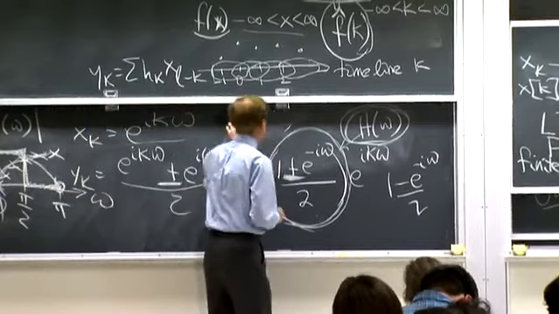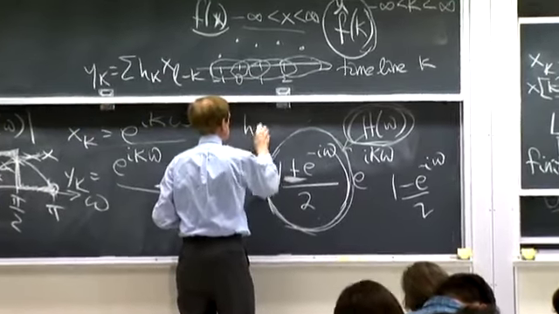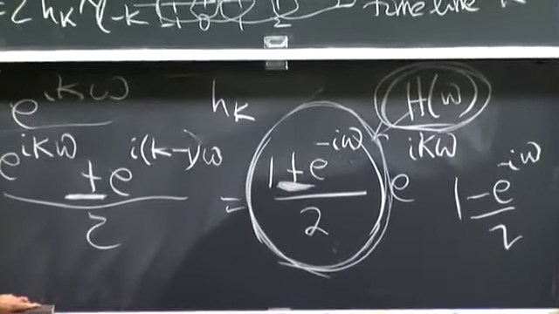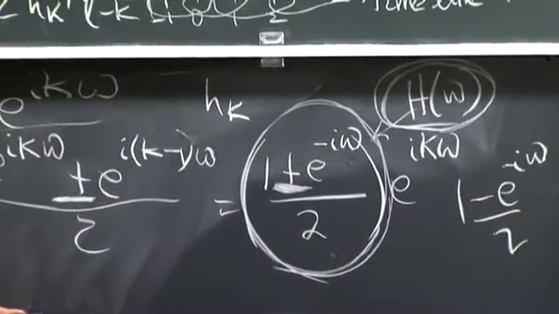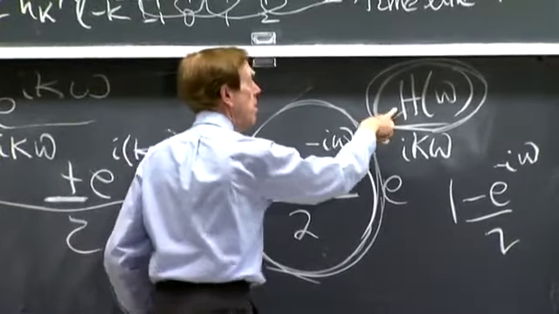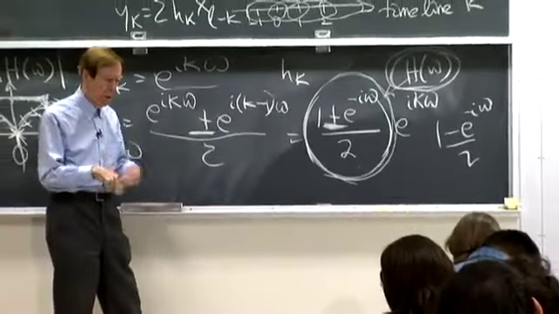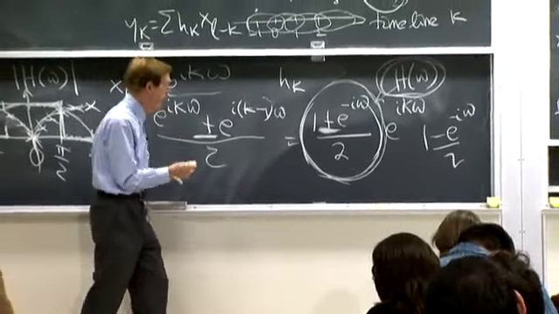What's the connection between the numbers in the impulse response, which were the h's, and the function, which is the frequency response, which tells me what happens to a particular frequency?